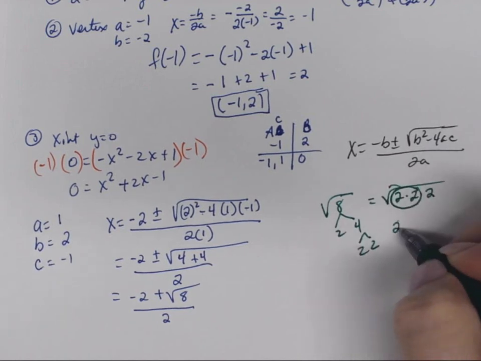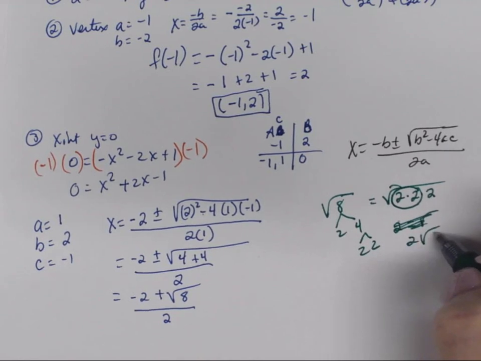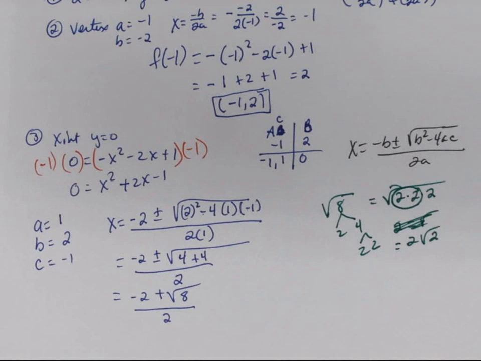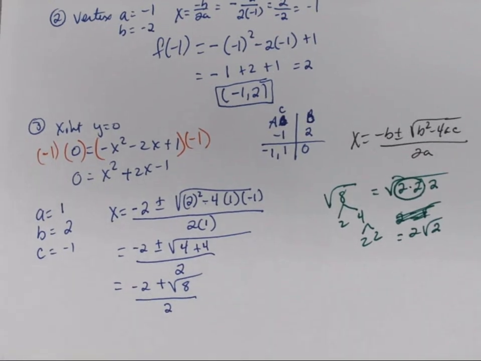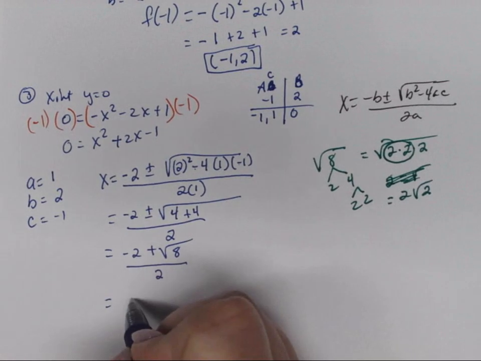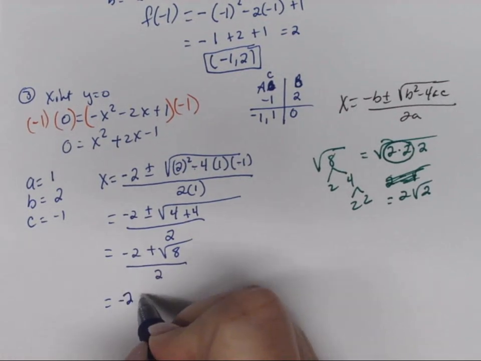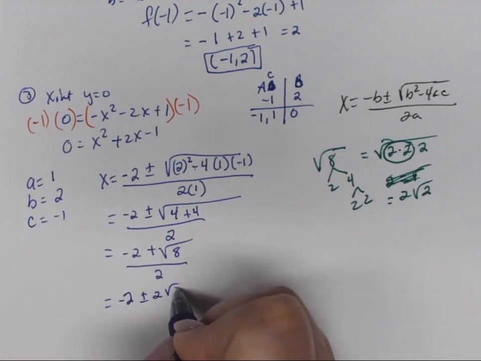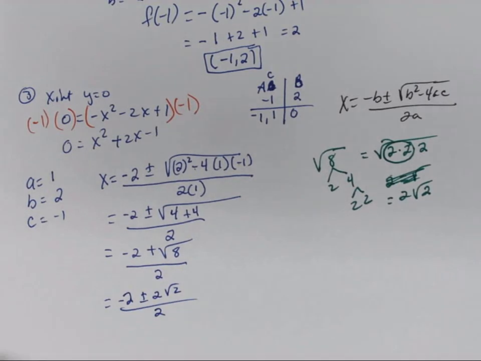If that comes out, we end up with 2 times the square root of 2. The equal sign should be right there. So that will be what we plug back in. So that'll get us negative 2 plus or minus 2 square roots of 2 all over 2.